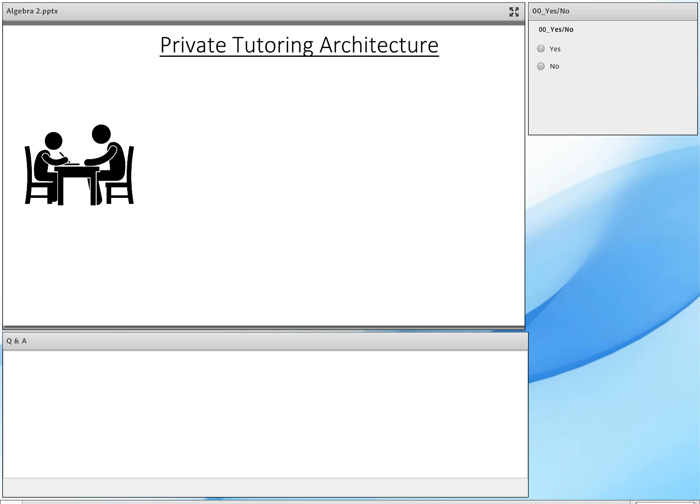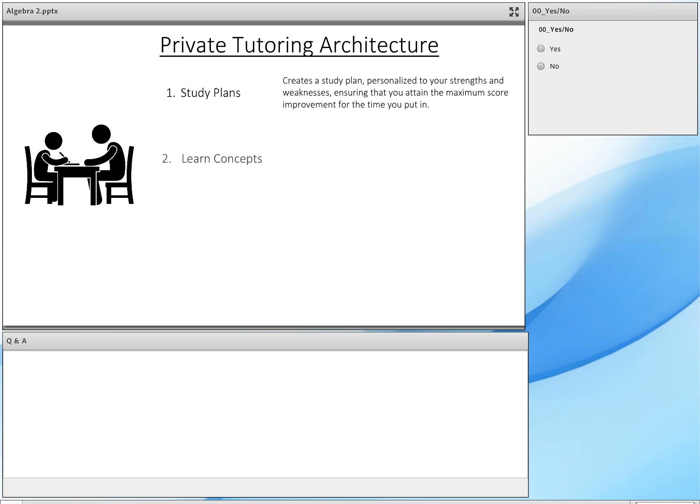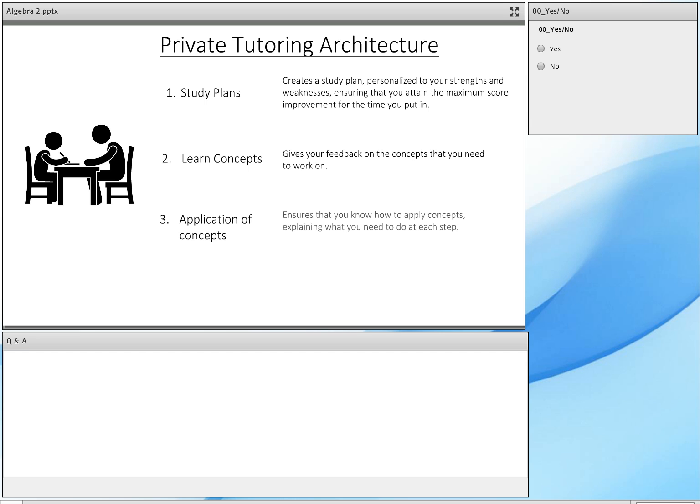Now let's compare that to the private tutoring architecture, which works slightly differently. A good private tutor also starts with a study plan. To do that, he first evaluates your strengths and weaknesses to create the fastest path to your goal. Once you have this personalized study plan, your tutor then teaches you the concepts and evaluates you constantly in the process.